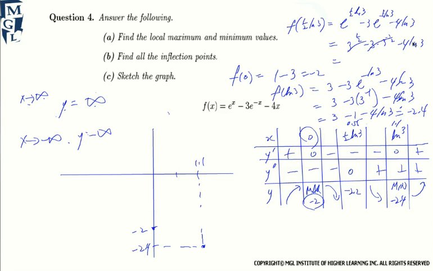Okay, so when I punch it in the calculator, I get 2.2 for the inflection point. Okay, so that's a max inflection point. So after that, it's going to just continue to go up, and here it's going to continue to go down.